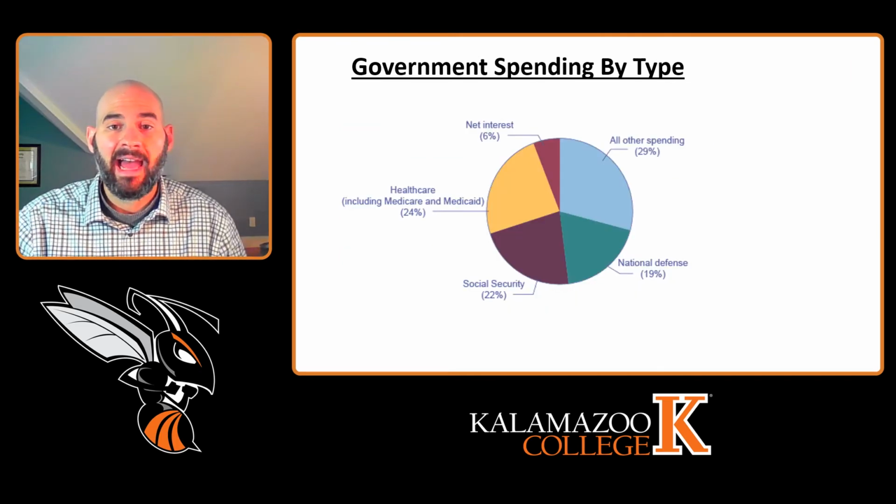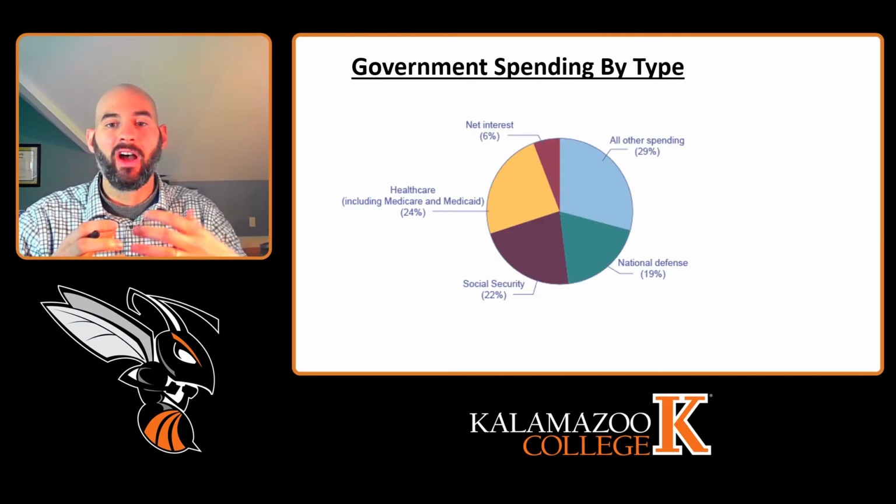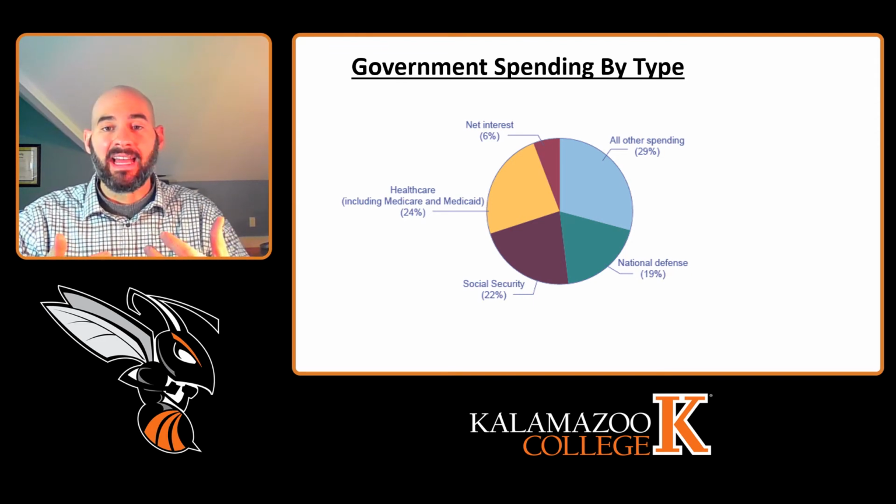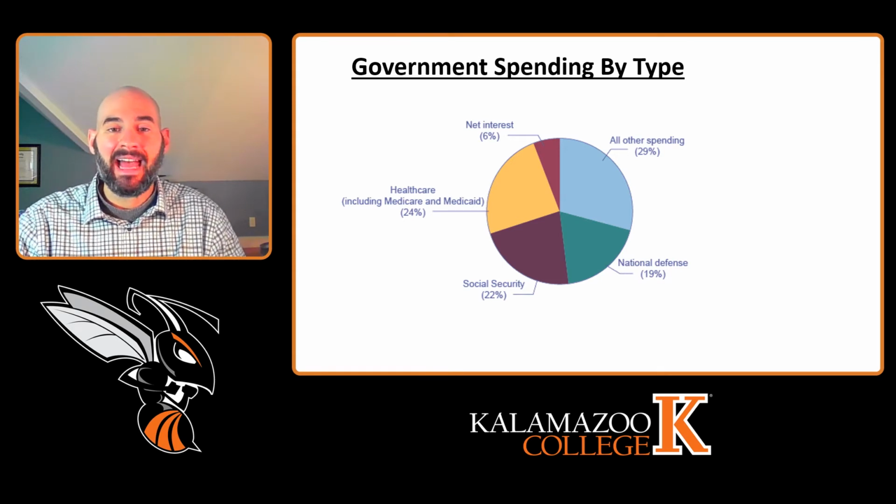So when we look at a more static picture of government spending in the federal budget as being broken down into different components, we can see that really the vast majority of what our federal government, what Washington, D.C. spends, is going to come from national defense, Social Security, healthcare, and the interest which we're paying on the national debt.